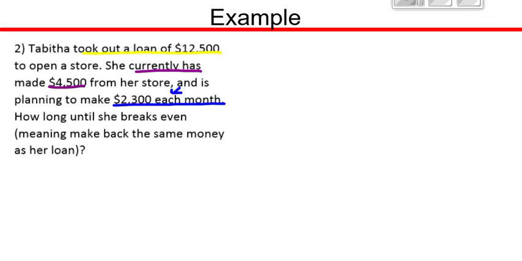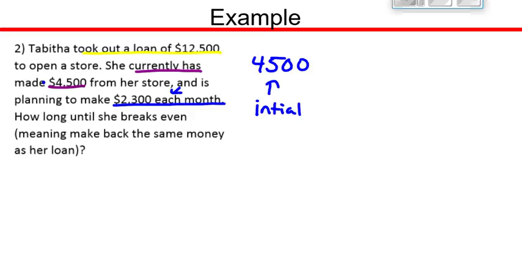So she currently has $4,500. That's my initial value. And let's see, maybe I need to back the truck up here and do something different. Nope, I think I'm good. So she currently has $4,500 and she's planning to make money.